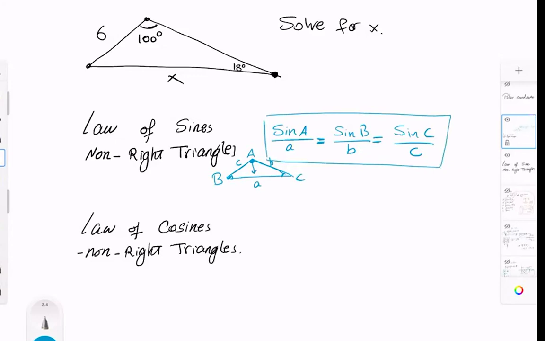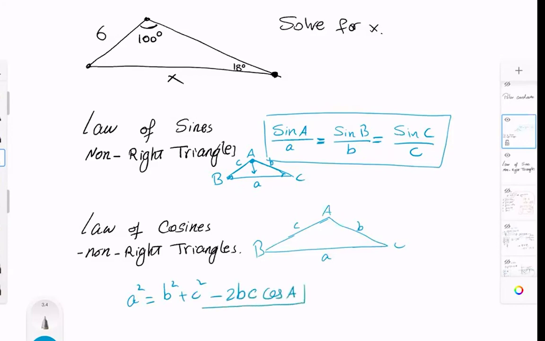For law of cosine, for any triangle, if we have A, B, C, and sides a, b, c, a squared equals b squared plus c squared minus 2bc cosine of A. It is a little prettier than law of sine, but that's law of cosine. I can write this formula for any length.